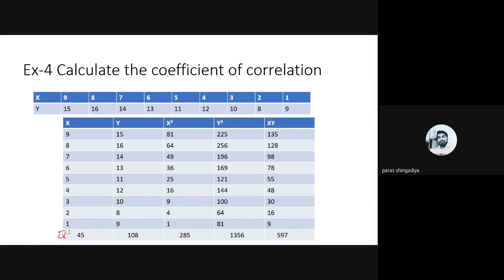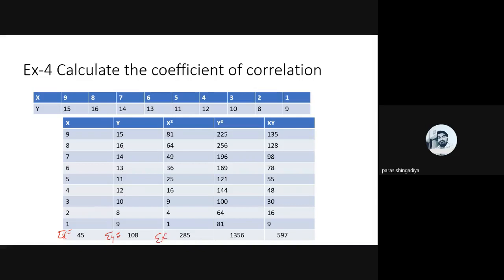And now sigma y: 15 plus 16 plus 14, 13, 11, 12, 10, 8, 9. So the total of the second column will be 108. Sigma x square: 81, 64, 49, 36, 25, 16, 9, 4, 1. So the total of x square will be 285.